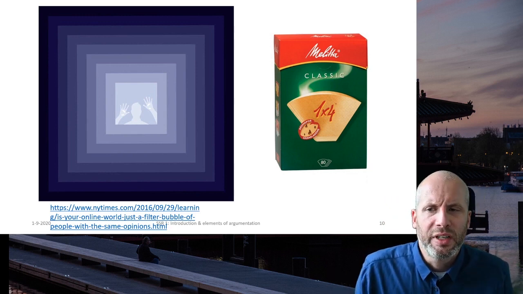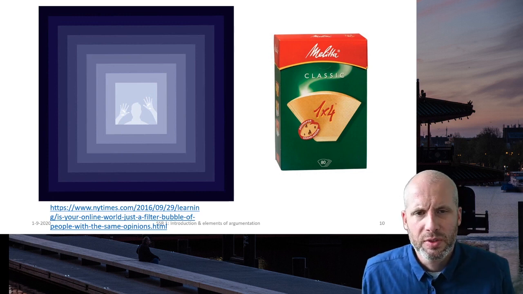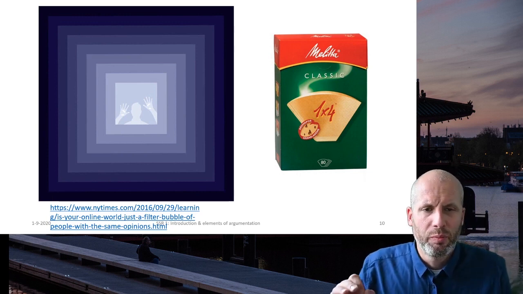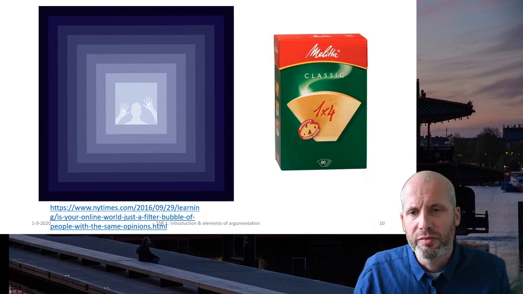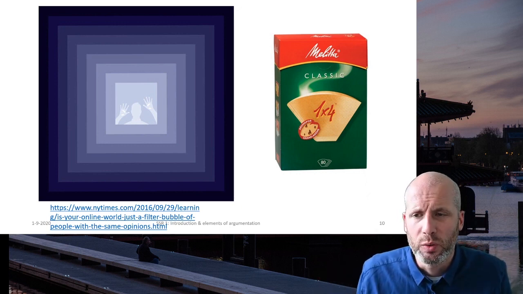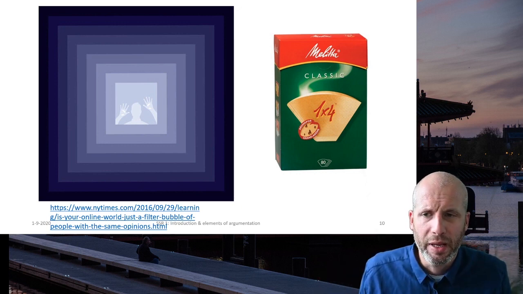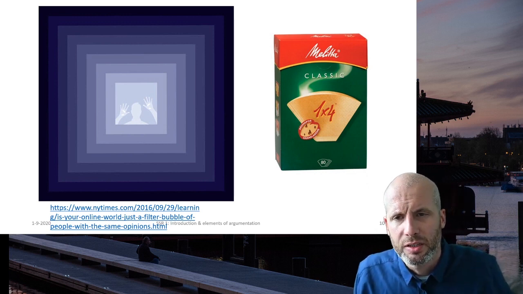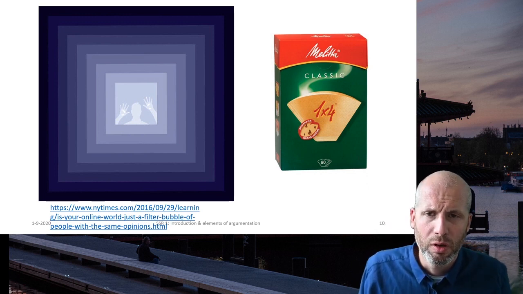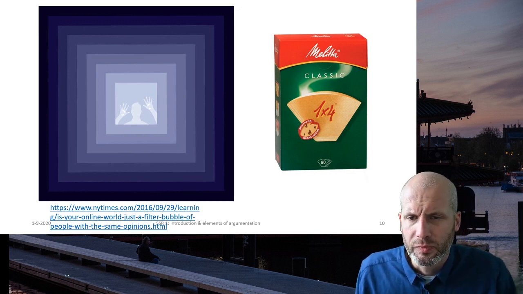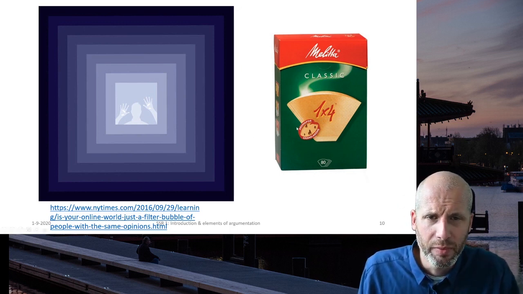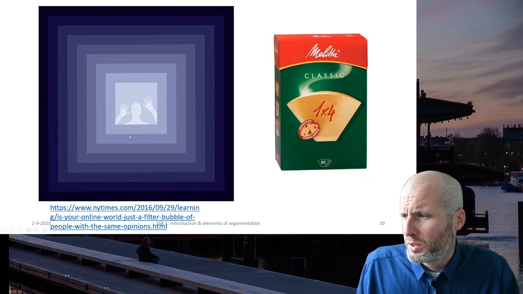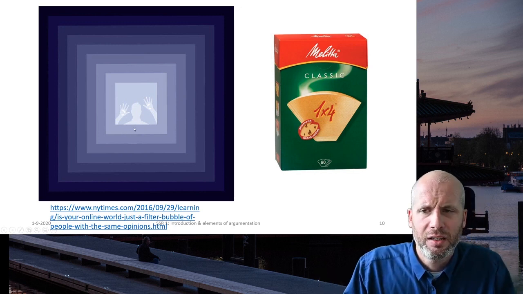But we also use technology that works on algorithms that makes it more likely that we're presented with stuff that we were presented with in the past, or that we liked in the past, stuff that is more in line with what we thought before, than that differentiates from what we thought before. It creates filter bubbles and echo chambers, as they're called. So three reasons. We're living in an age of incivility.